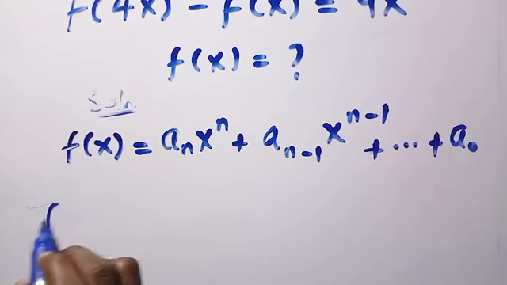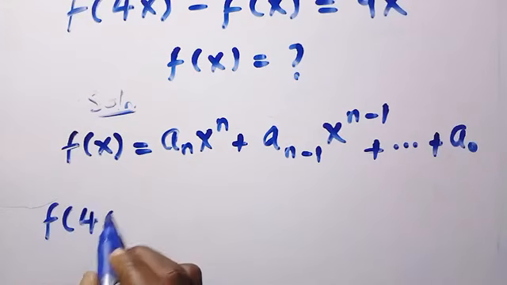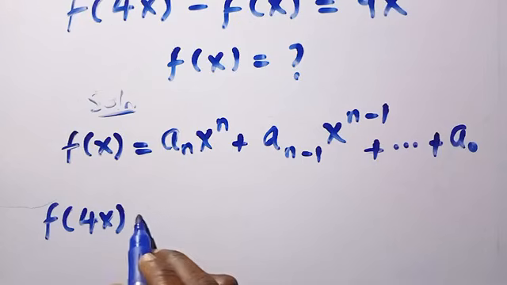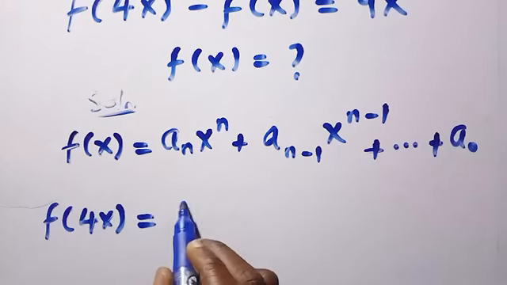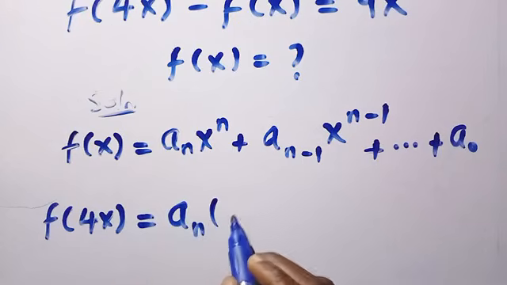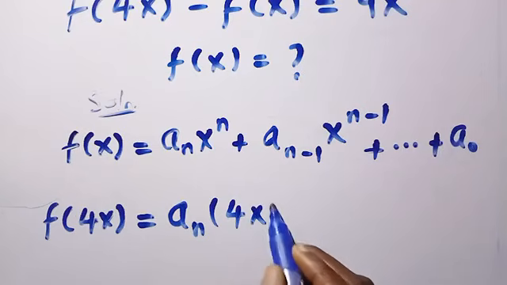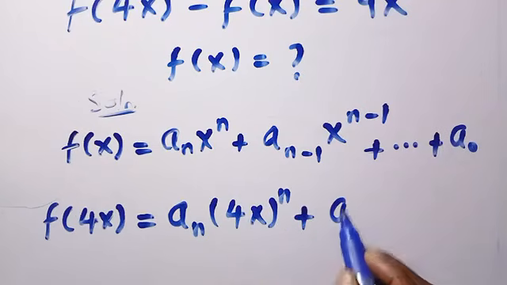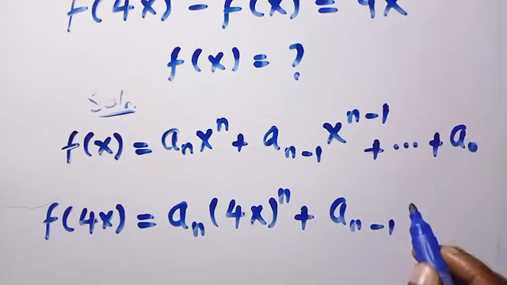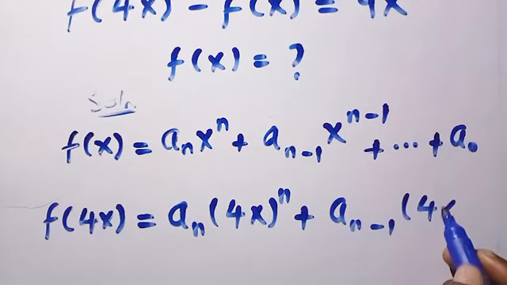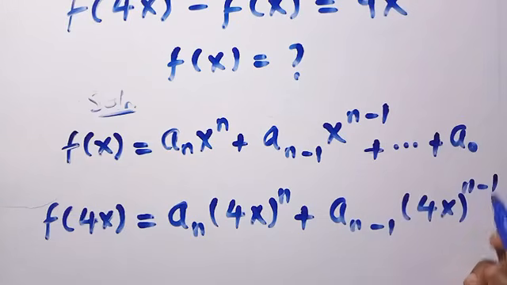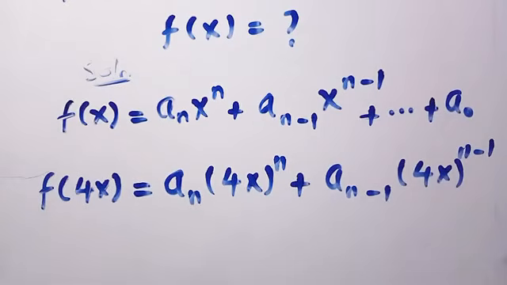Therefore, if I change f to 4x, as the question implies, we are going to have this equals an, then 4x raised to the power of n plus an minus 1, then we have 4x raised to the power of n minus 1. And it continues like that till we have a naught.